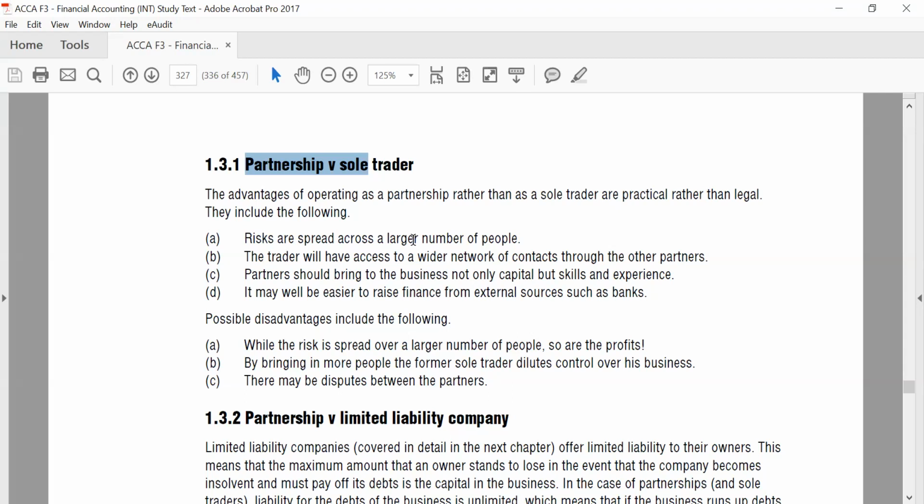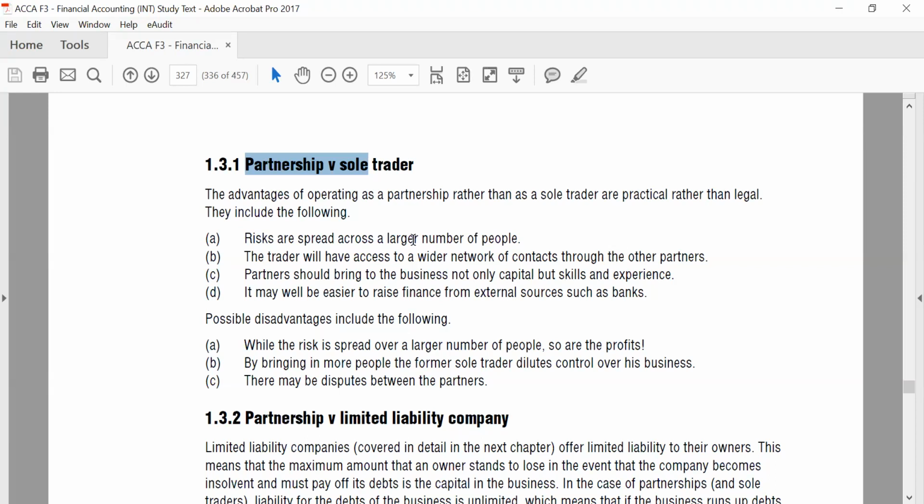Every partner comes with contacts, skills combined together, more capital contributed, more access to finances, especially banks, because one of you could have security, another one could have credibility, and the bank would feel more secure lending money to more than one person, because the risk is spread.